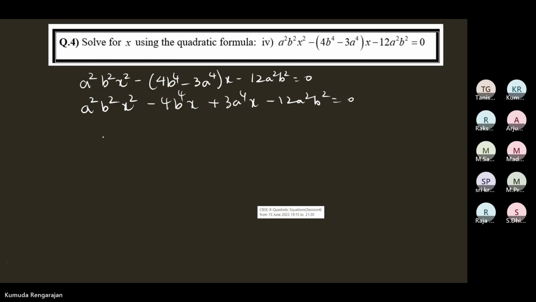Rajat? Ma'am, yeah, we take b and x as common, ma'am. Only b and x? Yes, ma'am, minus bx. No, b. Is it b, b square, b cube, b to the power 4? What power of b? I think b square, ma'am. Okay.